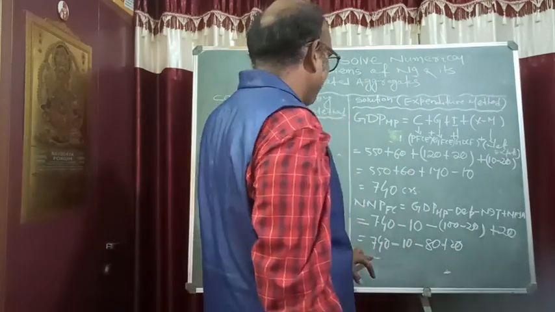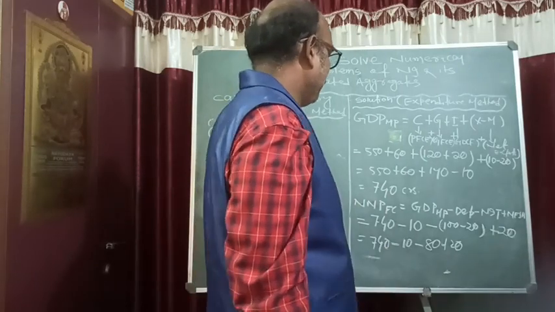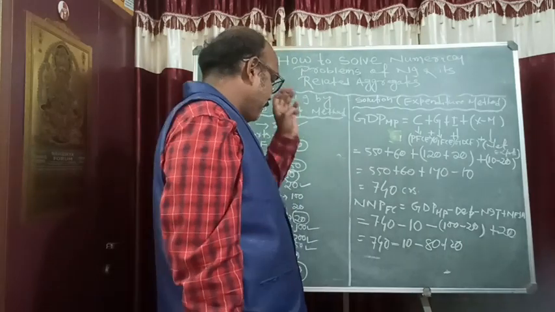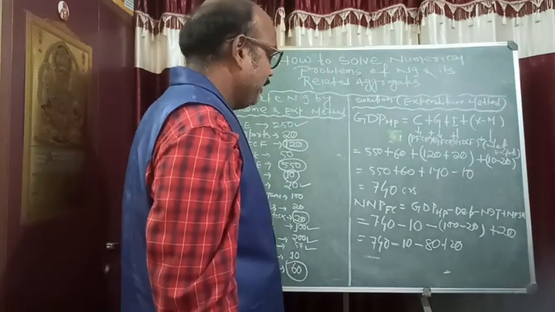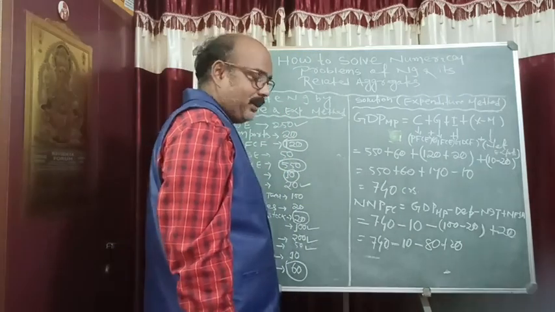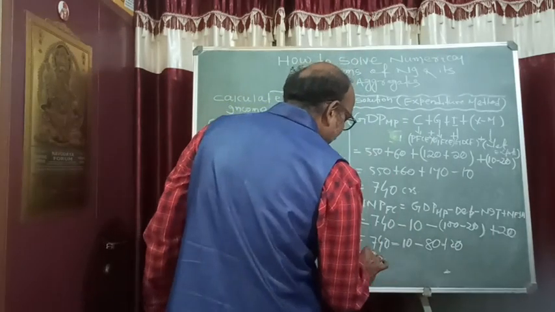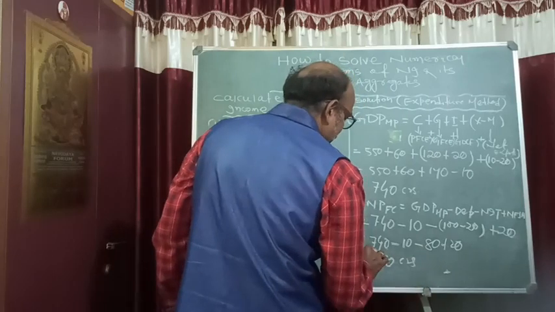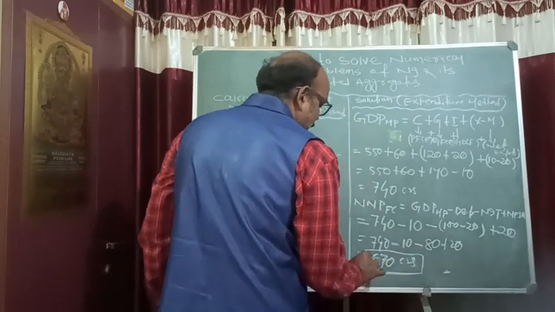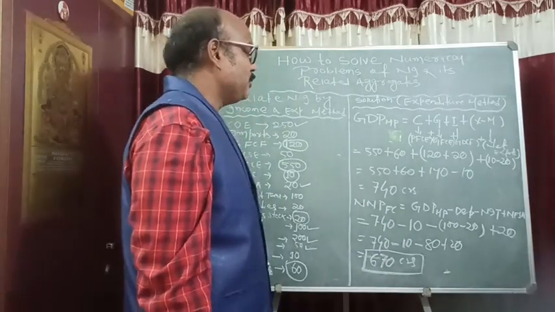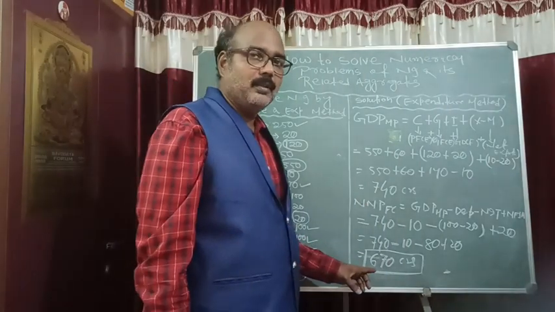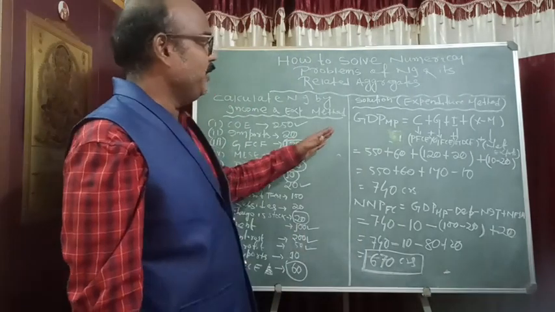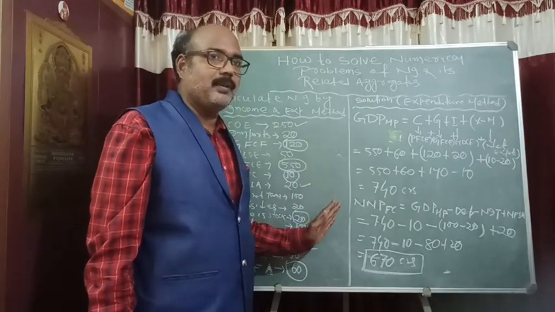So 740 minus 10 minus 80, minus 90, 740 minus 90, that is your 650. 650 plus 20, that is your 670 crores. Is it clear? In the income method also, national income we calculated 670 crores, and in the expenditure method also 670 crores.